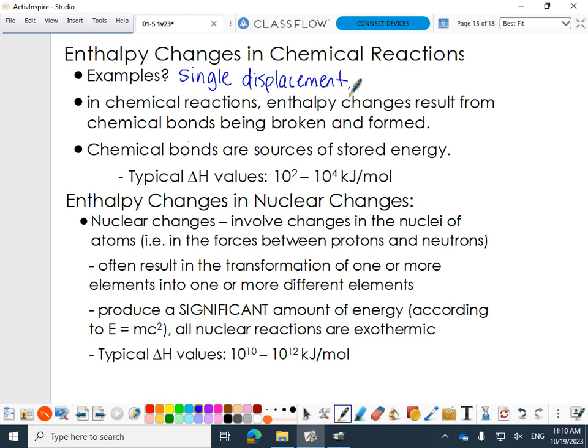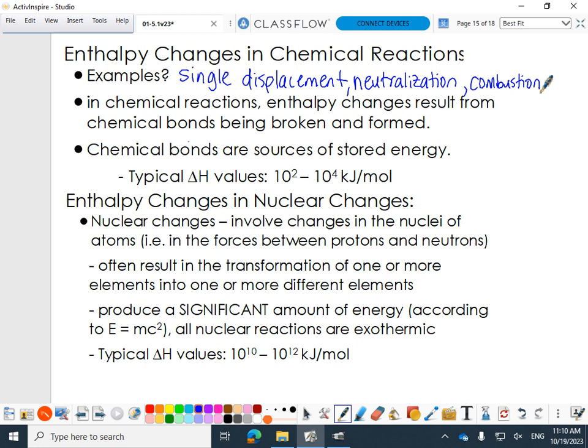We're going to do neutralization, which is technically double displacement. Many of the questions when we get to the reference or theoretical values will be combustion. We are not going to burn things in coffee cups, but if you had a better vessel, you could.